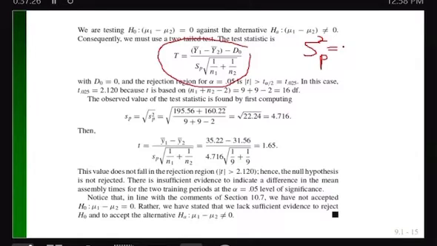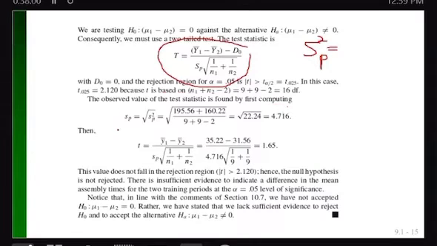It's going to be Sp squared equals (n1 minus 1) s1 squared plus (n2 minus 1) s2 squared, divided by n1 plus n2 minus 2. You remember? That is the formula. I need 4 things here: the sample size from group 1, the sample size from group 2, the sample variance from group 1, and the sample variance from group 2. Okay, we've already applied that.